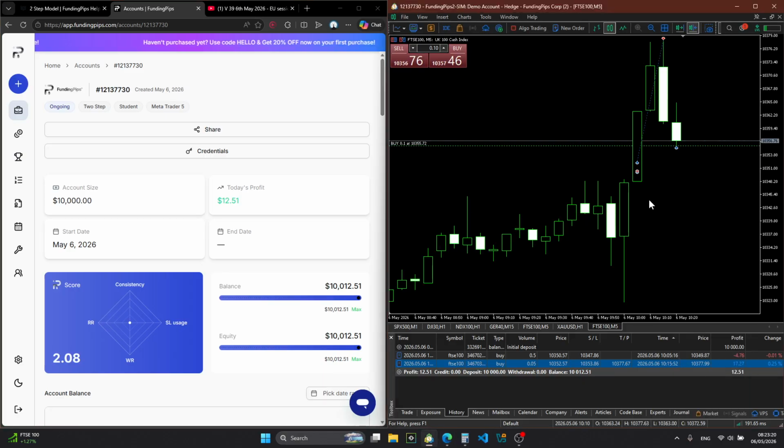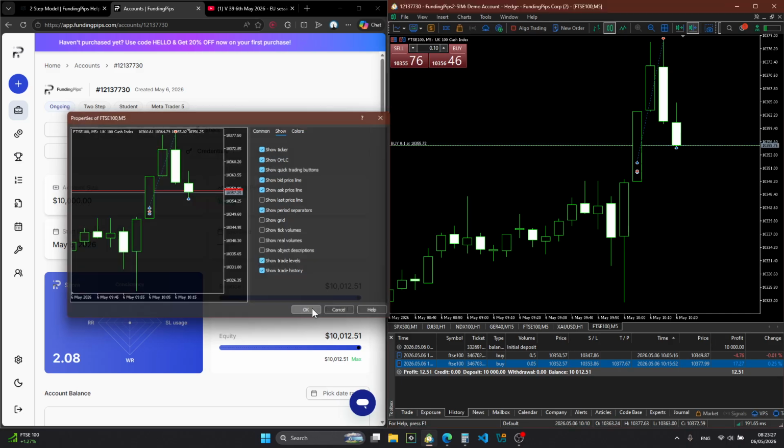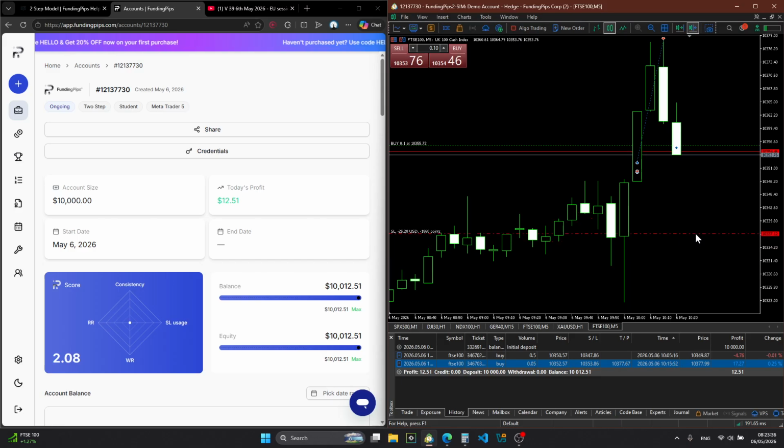Oh, did I get it? No, forgot. Ah, oh no. 0.1. Now 0.1 is giving 25 here. This is so confusing. This leverage thing is so confusing.